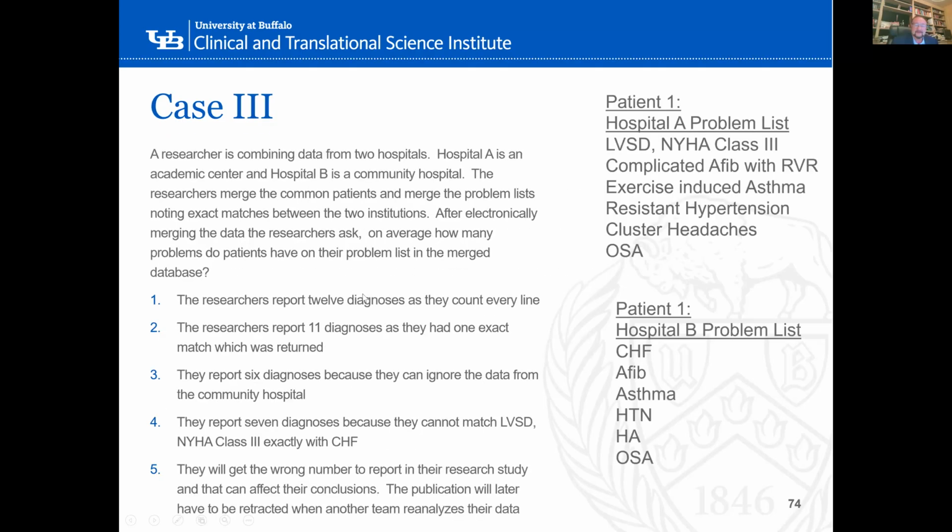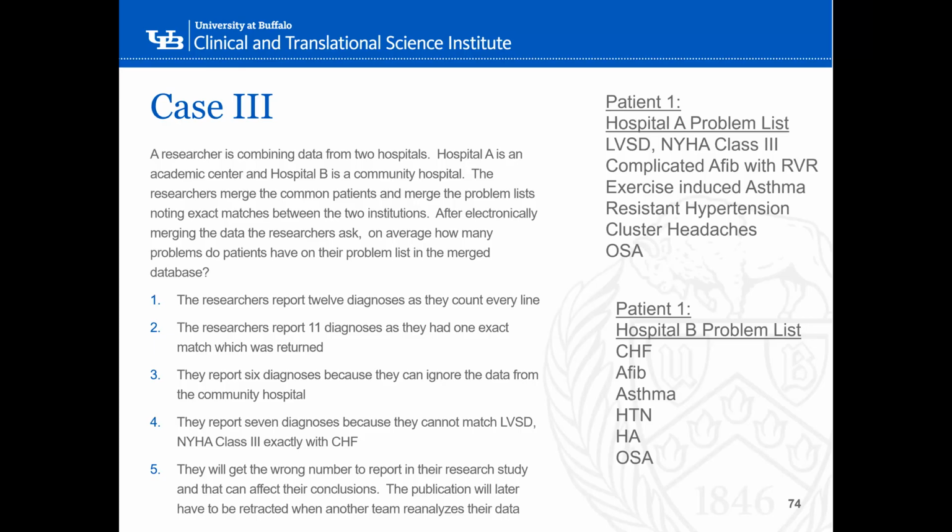All right. Who wants to read this one? I'll read it. Thank you. A researcher is combining data from 2 hospitals. Hospital A is an academic center and Hospital B is a community hospital. The researchers merged the common patients and merged the problem lists, noting exact matches between the two institutions.